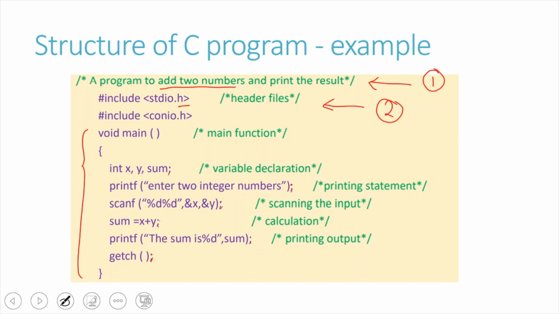So here we are going to add two numbers. First of all, we need to declare a few variables for that. So this is the declaration part. Then we will ask the user to input two numbers, and to read those numbers we use a statement called scanf.